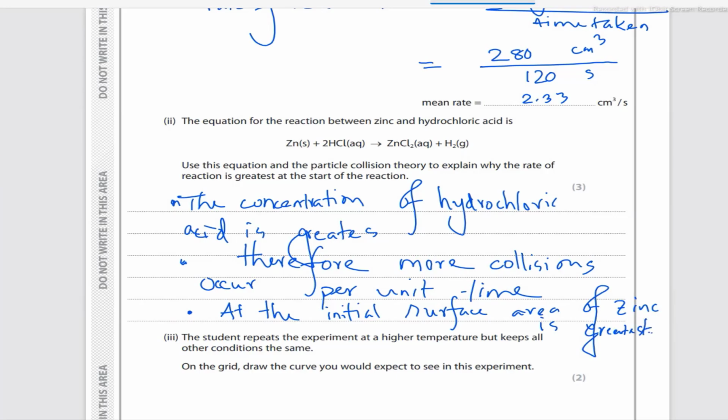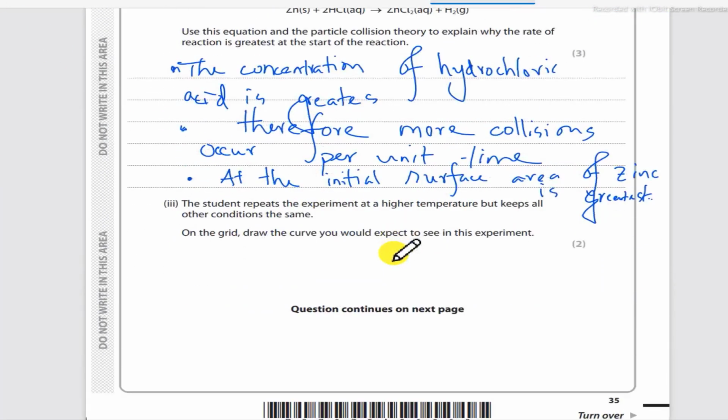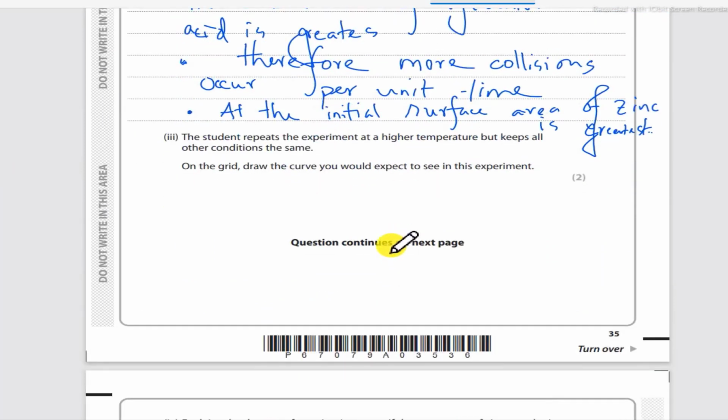The student repeats the experiment at a higher temperature but keeps all the other conditions the same. On the grid, draw the curve you would expect to see in this experiment.